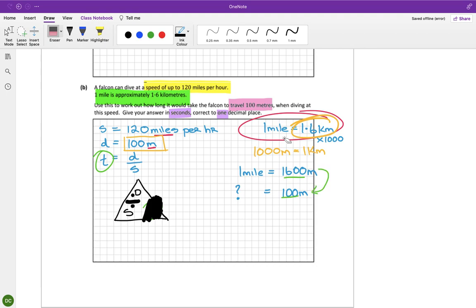So that is, 100 is 16 times smaller. I'm just going to double check that. If I type into my calculator 1600 divided by 16, I get 100. Yeah? So then I just do that on the other side. So on the other side, I'm going to take the number 1 and divide it by 16.